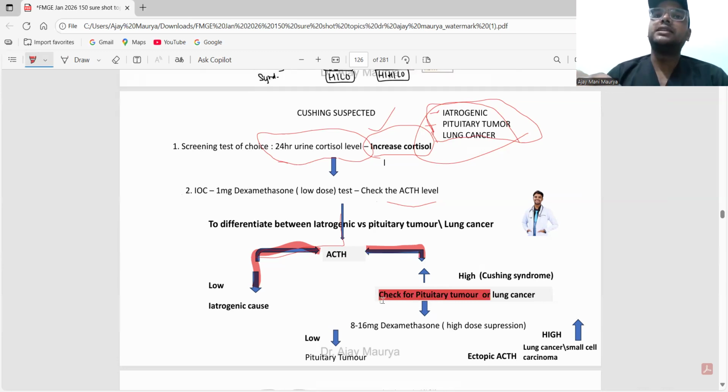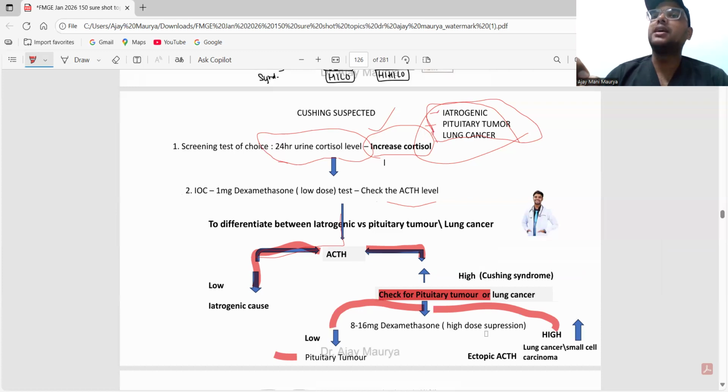If it is low, it means it is due to a pituitary tumor. If it is still high, then it will be ectopic ACTH. It means there is a lung cancer. Due to lung cancer only, this ACTH is more.